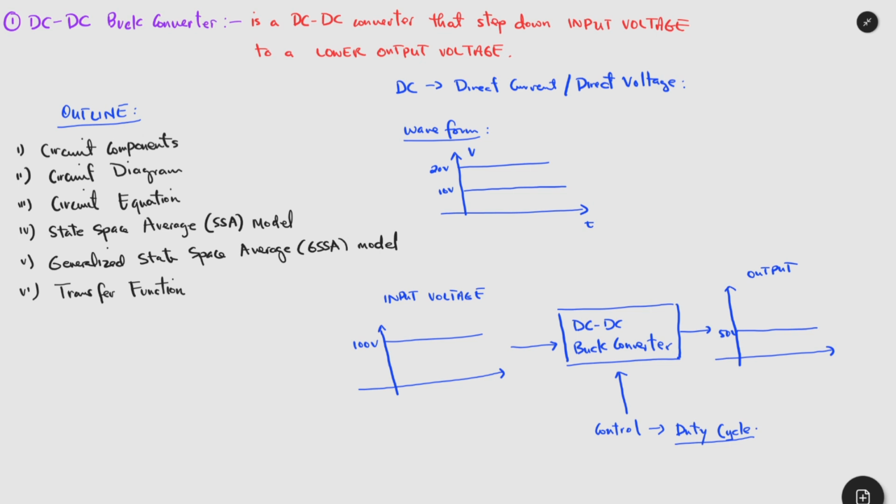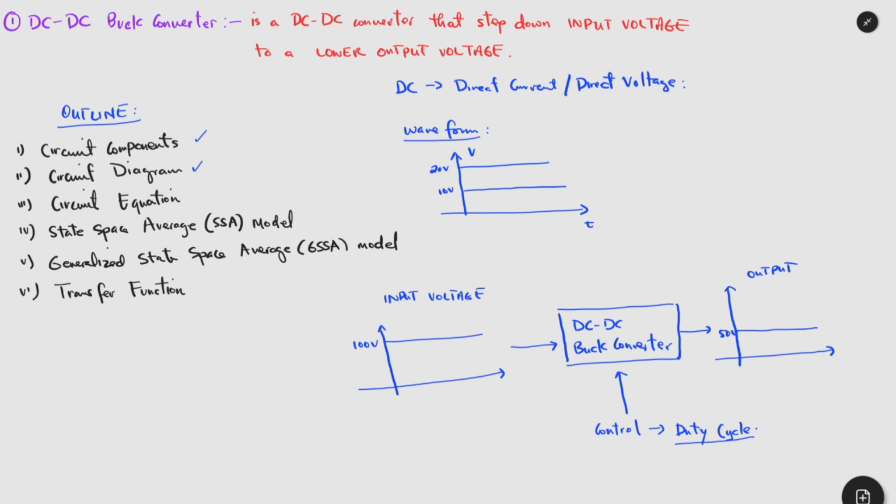In our discussion, as we have outlined, we are going to look at the circuit components. If you want to build a DC to DC buck converter, what type of materials or components are needed? We are going to look at the circuit diagram or schematic, in which you can connect all these components to create a buck converter.